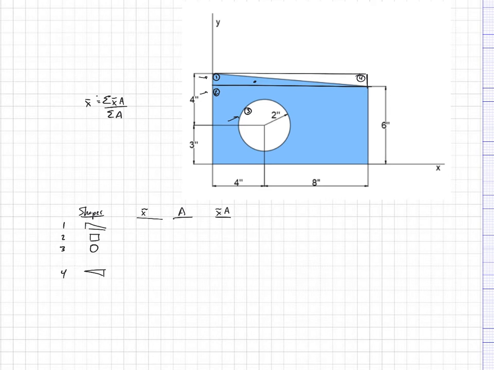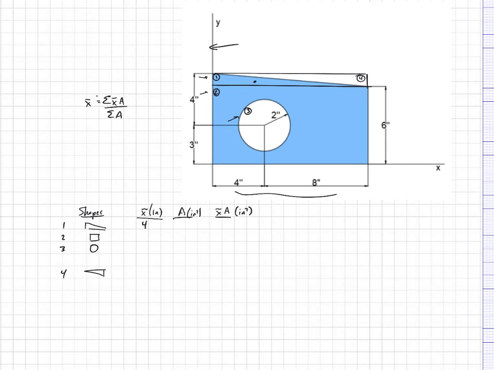Okay, so the x tilde for shape 1 is somewhere over here. It's closer to the flat side, right? And if you look it up, it's going to be 1/3 of that length. This length is 12, so it's going to be 1/3 of that, so it's going to be 4. This is in inches. This will be inches squared, and this will be inches cubed, right? And remember, it's always closer to the flat side.